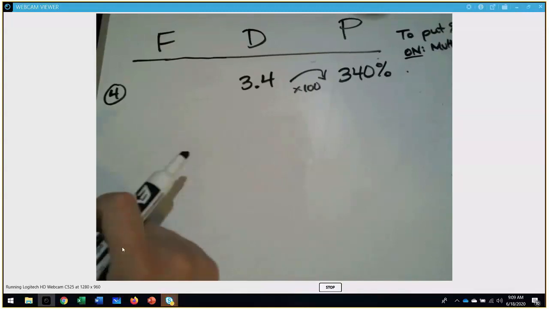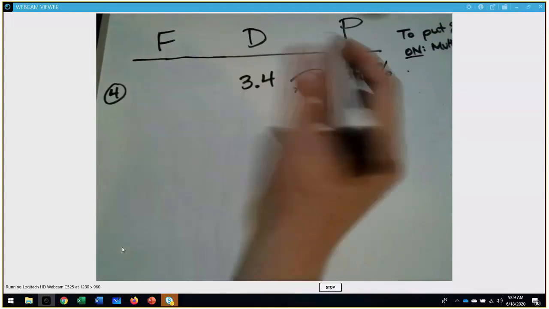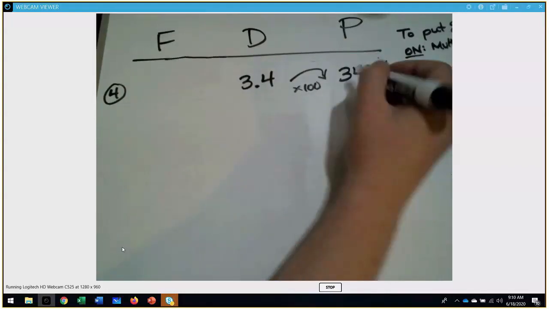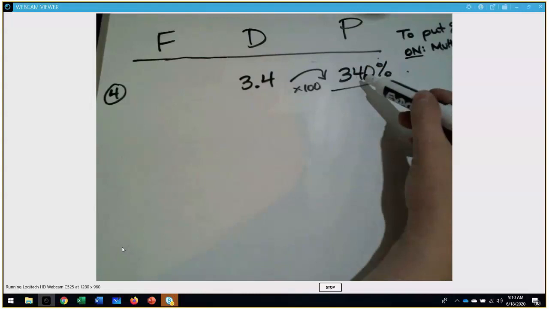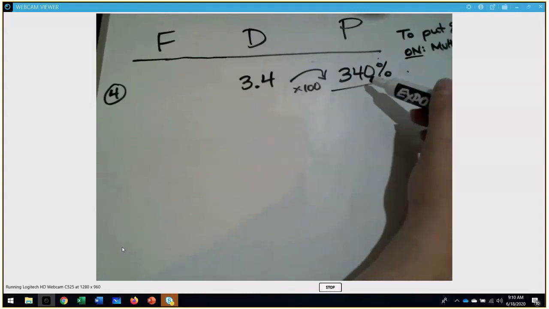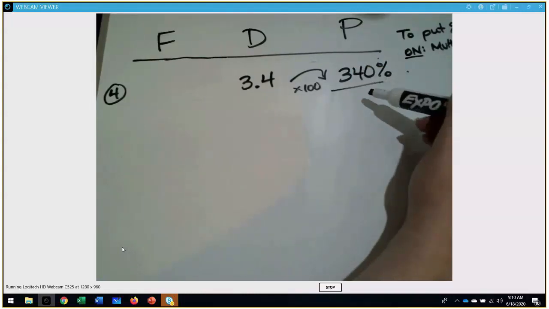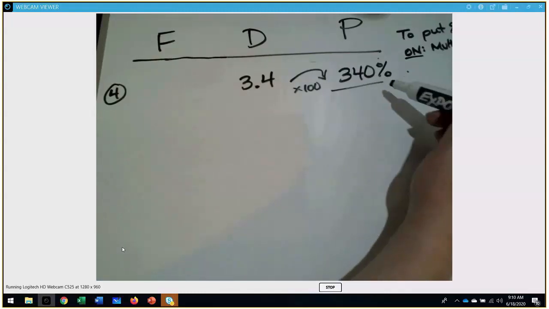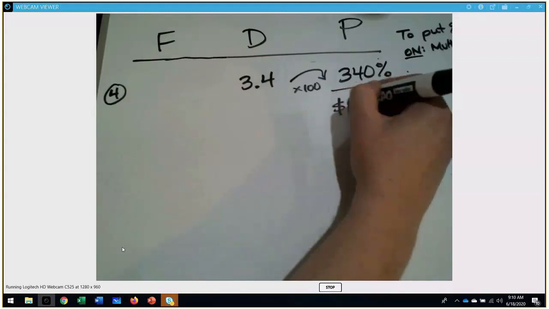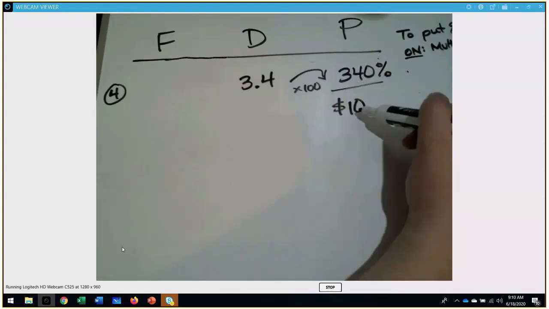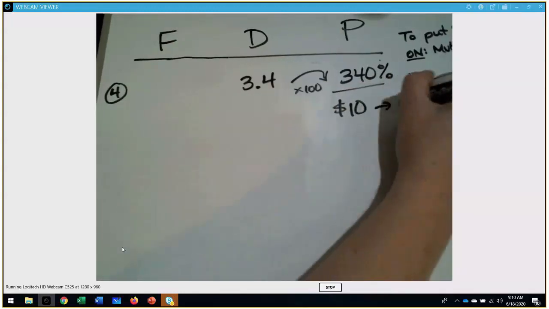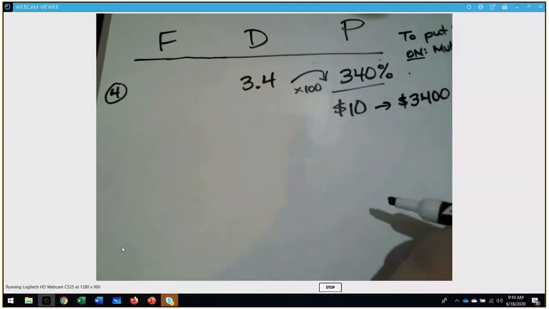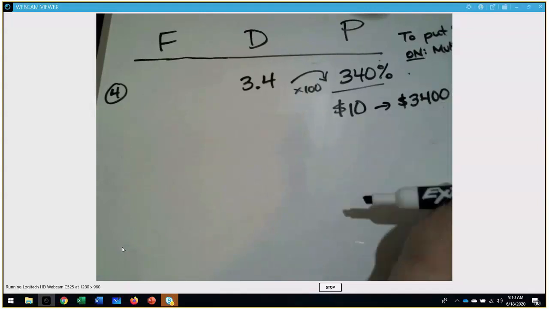That's why it'd be 340%. Gotcha. So if you put this in perspective, if you're getting an interest rate of that, let's say you borrowed $10, you would end up paying back like $340 or $3,400. If you borrowed $10, you'd have to pay back that much. That's crazy.